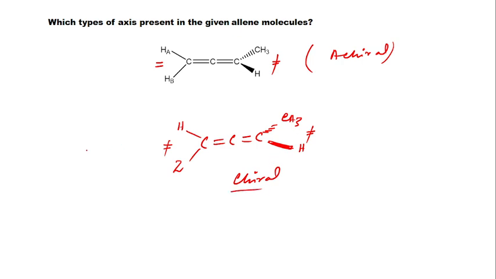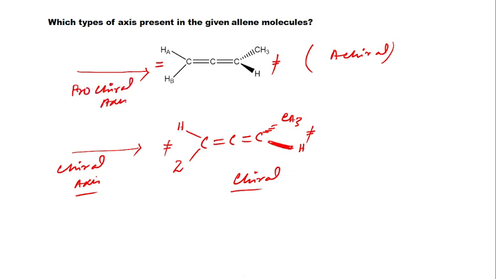If it is a chiral molecule, now this axis is the chiral axis. And the previous version, before chirality, is the pre-stage of chirality. So this axis is a pro-chiral axis. So the axis that is being asked about is pro-chiral in nature. Very simple questions.